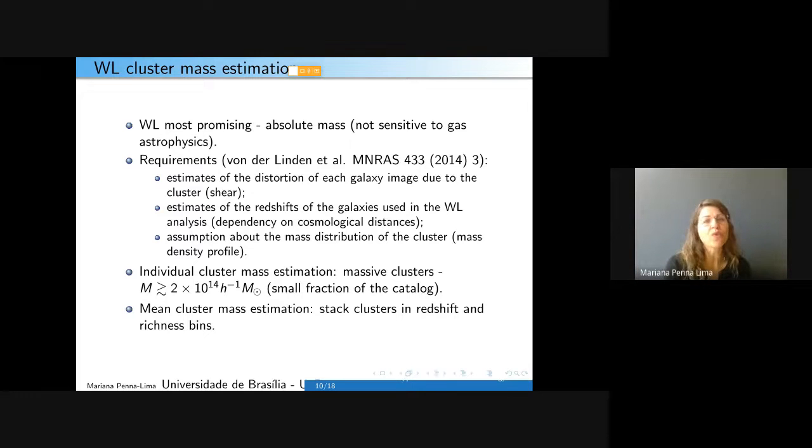This is useful for clusters with smaller masses, so for masses smaller than 2 times 10 to the 14 solar masses. And we also have some methodologies to obtain individual cluster mass. We can apply them to massive clusters. Okay.